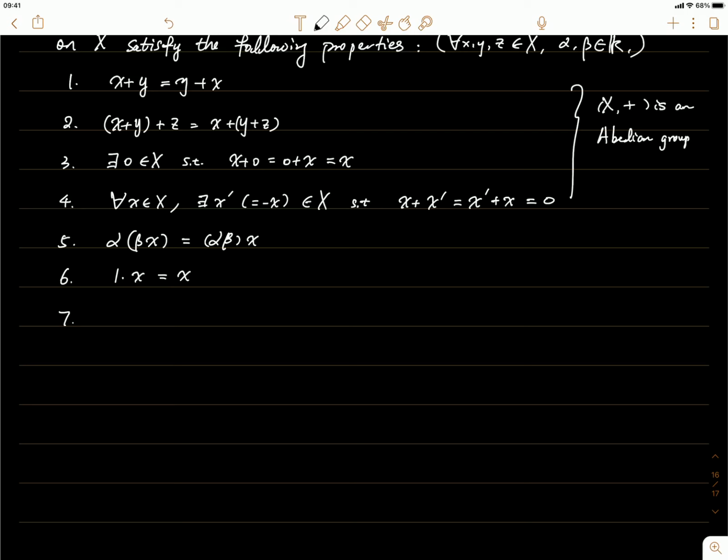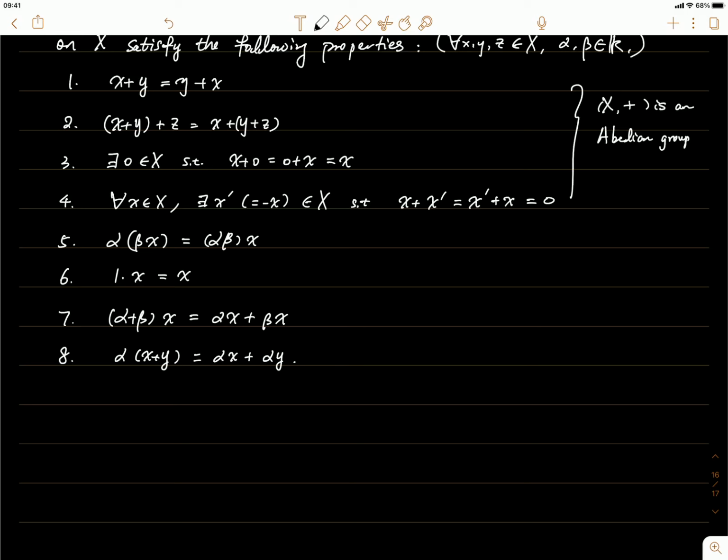The seventh is that if you have two scalars, you take the sum and then multiply x, it is the same as multiplying each of them to x separately and then adding. And the last one is that if you multiply alpha to the sum of two elements, it's the same as multiplying alpha to each of them and then taking the sum. Okay, so these are all the eight properties of a linear space.